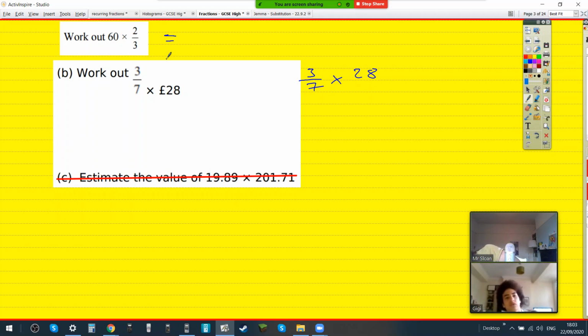Would you divide it by 3 and then times it by 2? Yeah, that'll work. So it'll be 40. 40, that's it. £40. Okay, I think you're good.